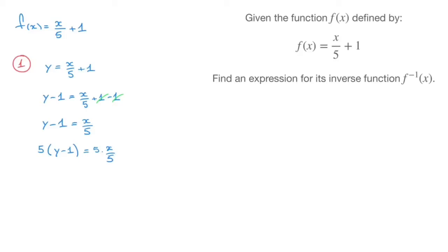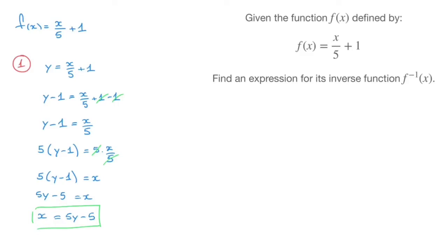And those operations cancel each other out, so we can cross out those 5's. And we're now left with 5 times, in parentheses, y minus 1 equals x. We can distribute this 5 across the parentheses, which leads to 5y minus 5 equals x, and we can write this as x equals 5y minus 5. And that's the first step done. We've made x the subject.